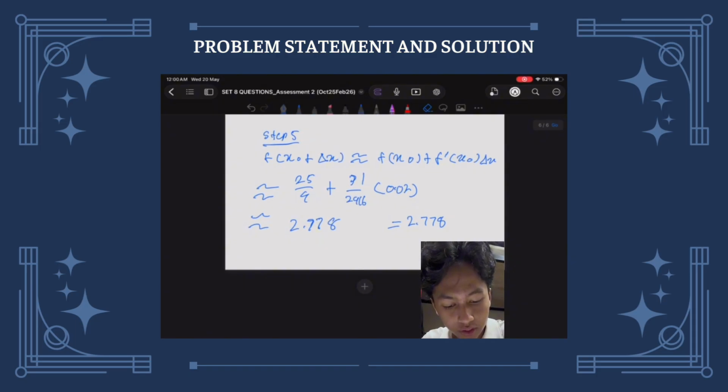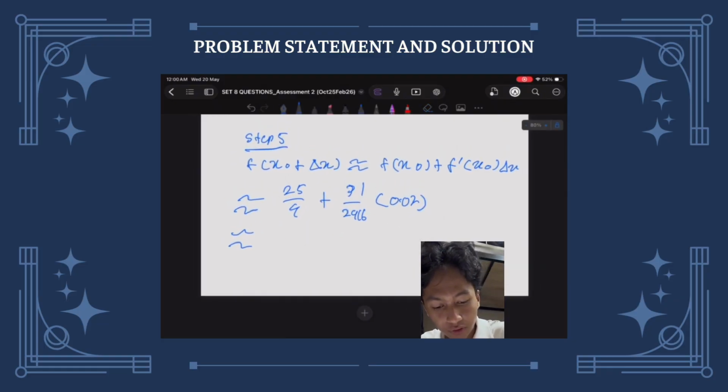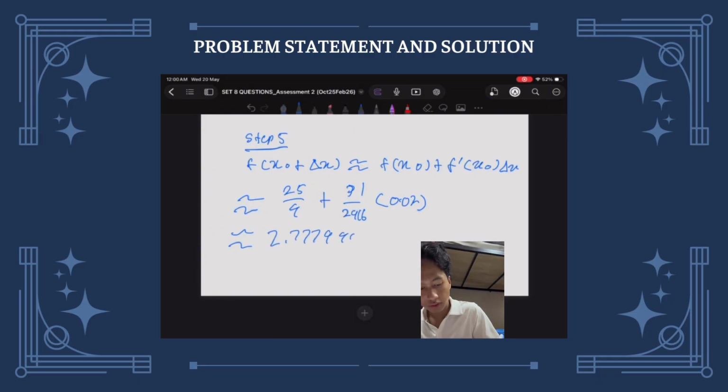The answer for 25 over 9 plus 31 over 2916 times 0.02 is 2.77993398.